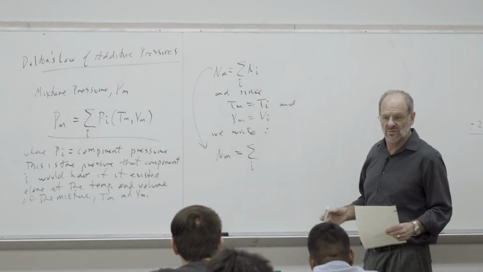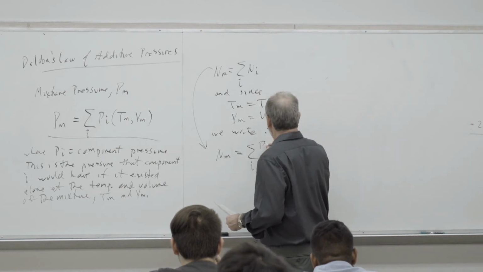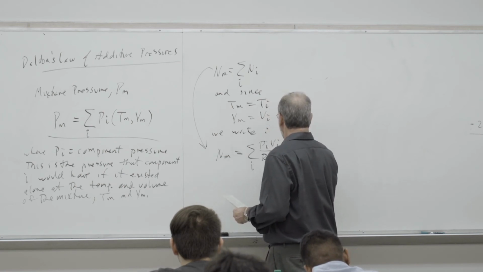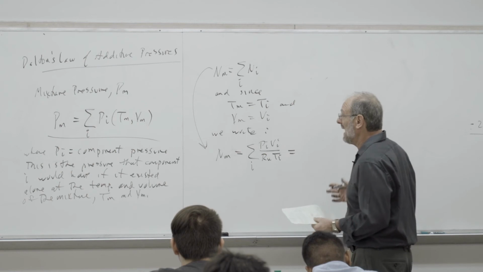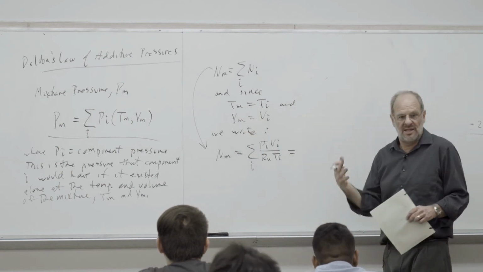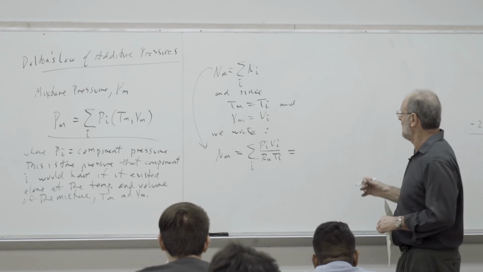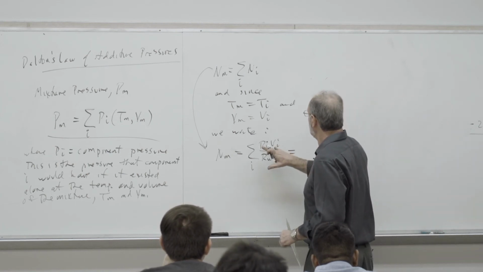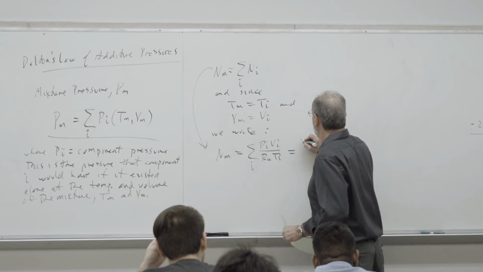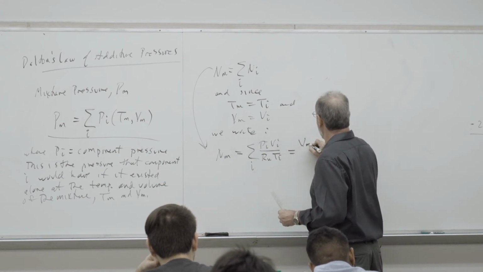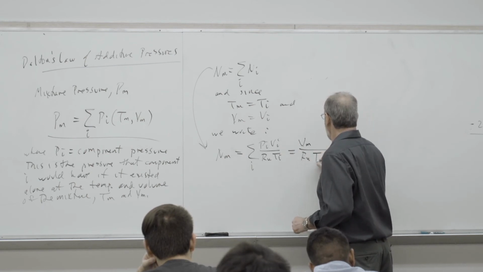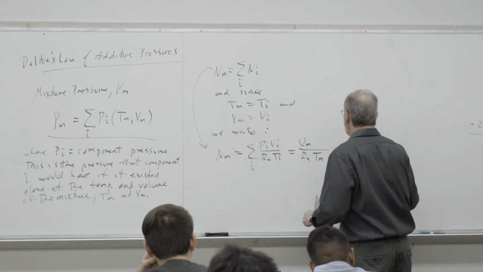And of course, PV equals nRT still. So this is just Pi Vi over R universal times Ti. Again, recognizing that according to this law, each component has the same temperature and volume as the mixture. So it's going to be the same for each component. So we're going to pull out the V term. So this is just going to be Vm, again, the same as the entire mixture. R universal and the temperature come out as well.